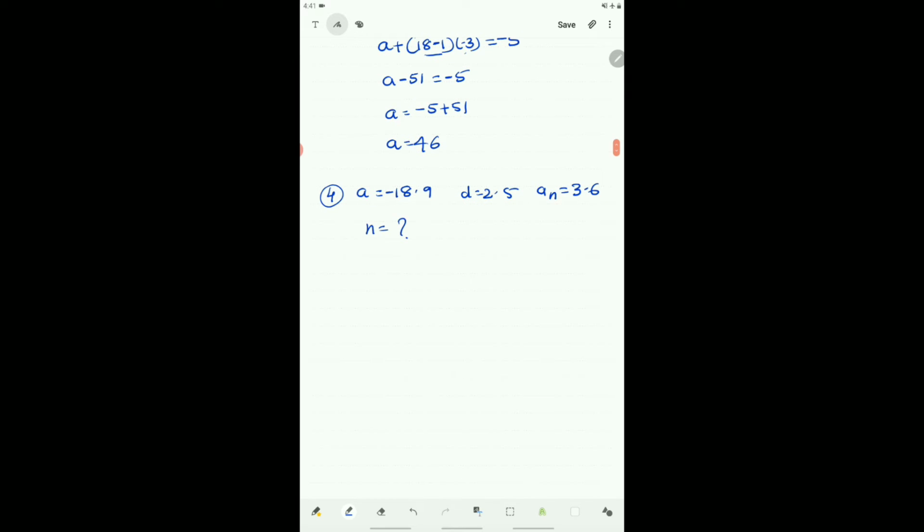Then you write the formula for AN. AN is equal to A plus (N minus 1) into D. That is A is minus 18.9 plus N is not given, D is 2.5, is equal to 3.6.